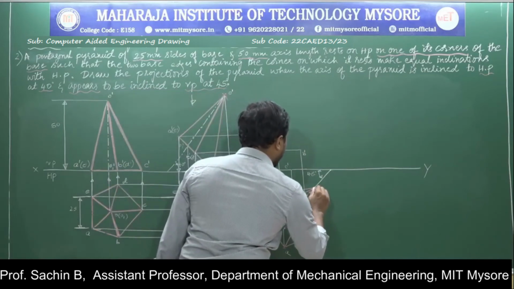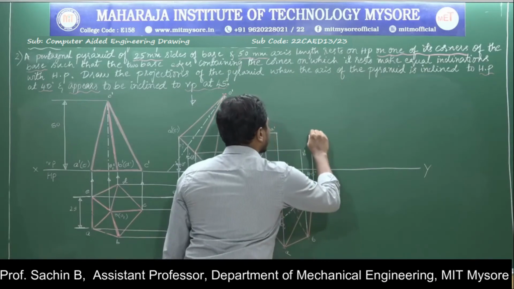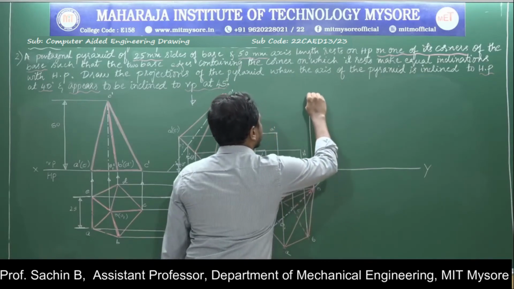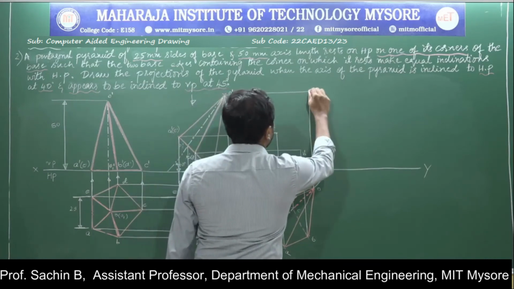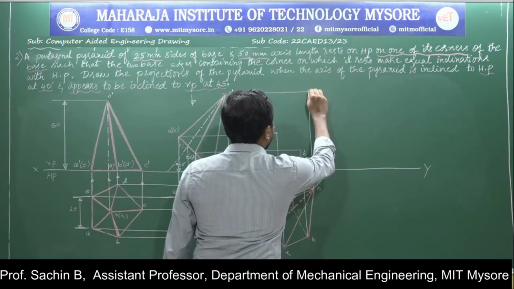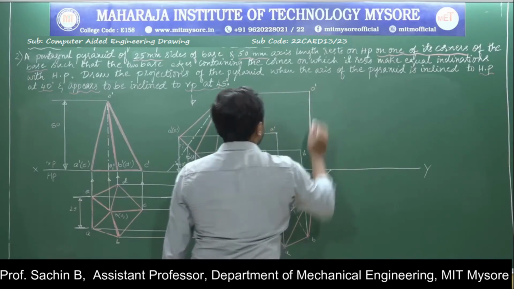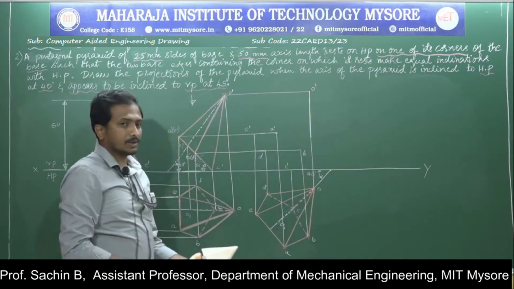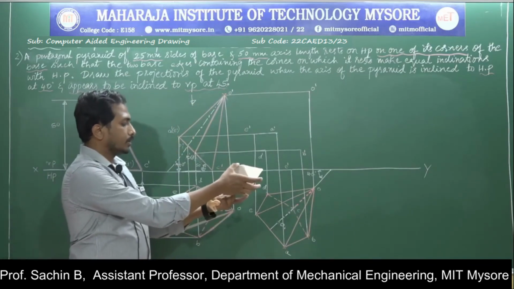Next one more thing is left, that is for the O point. I am drawing the projection line. This is O dash. Now according to the concept, the object is getting tilted like this.